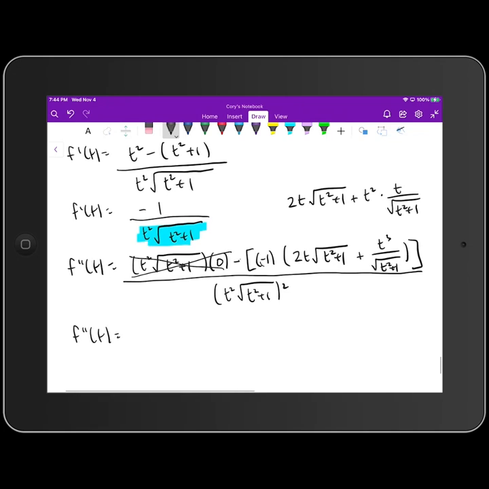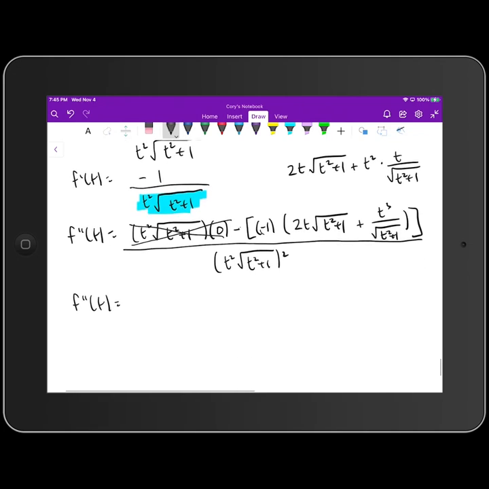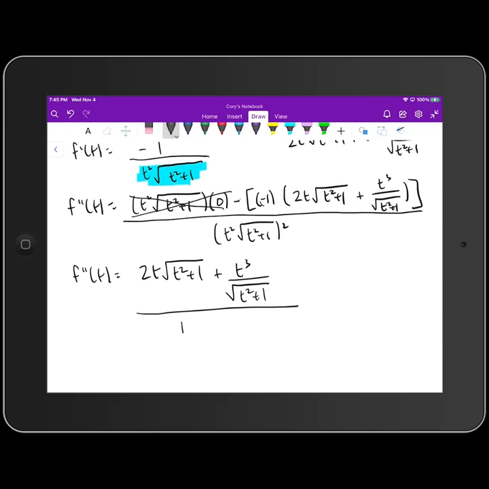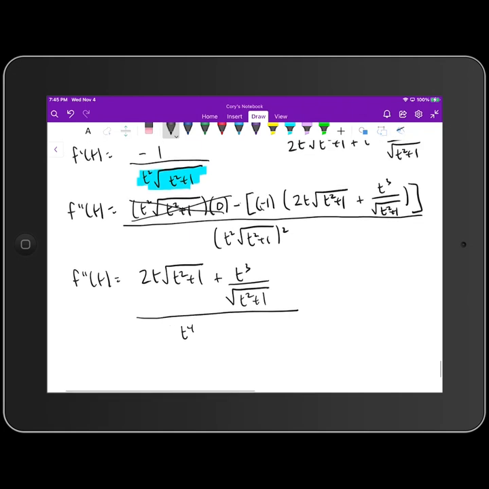Okay, so f double prime of t is going to be positive 2t rad t squared plus 1 plus t cubed over rad t squared plus 1. And then on bottom, when I apply that exponent of 2 to both of the factors, t squared squared is t to the 4th power, and then rad t squared plus 1 squared is t squared plus 1.